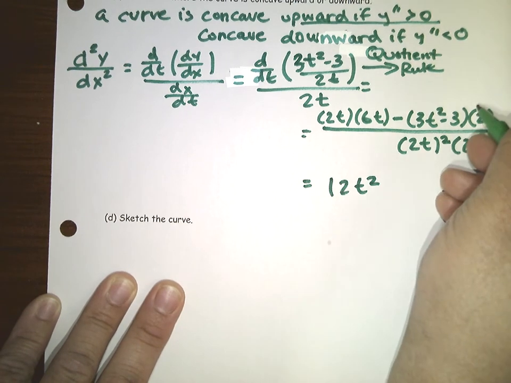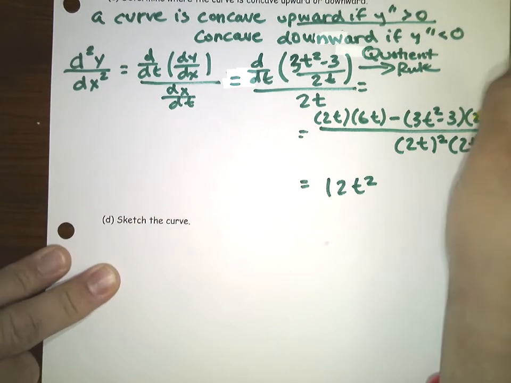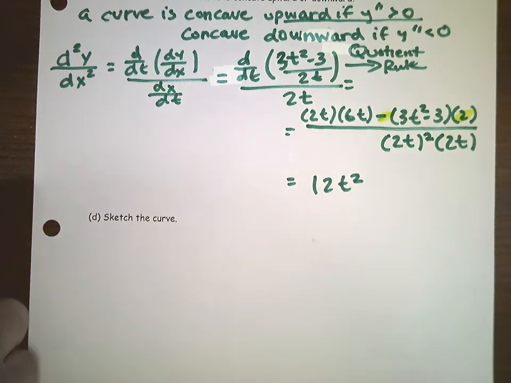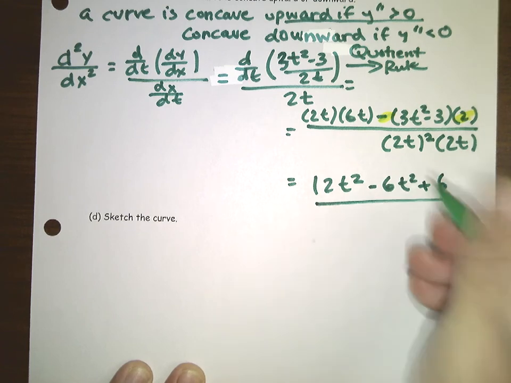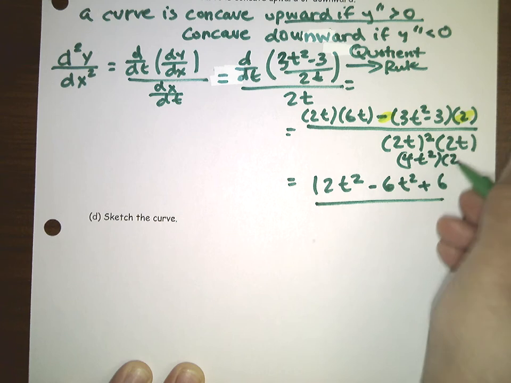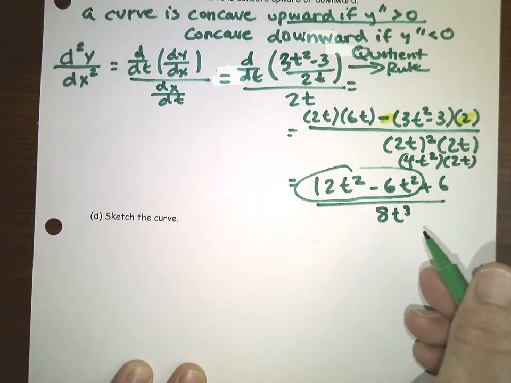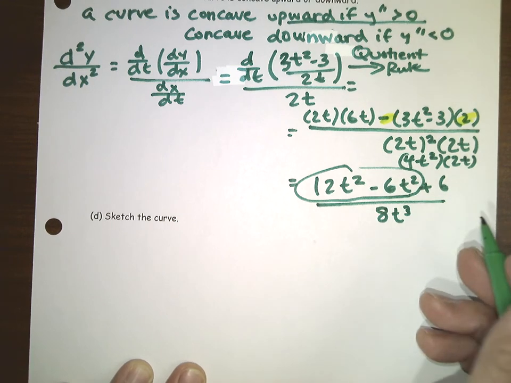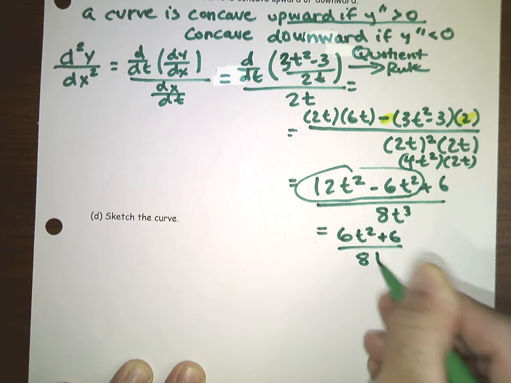Distributing the negative 2 gives minus 6t squared plus 6. The denominator, 2t squared is 4t squared, times 2t, is 8t cubed. Then 12t squared minus 6t squared is 6t squared, so we have 6t squared plus 6 all over 8t cubed.